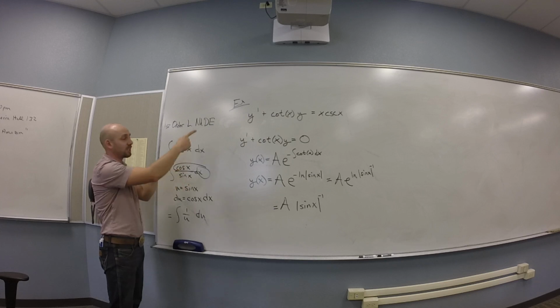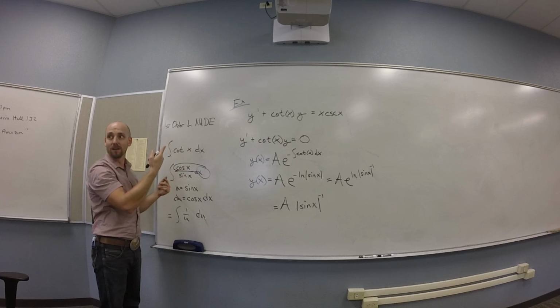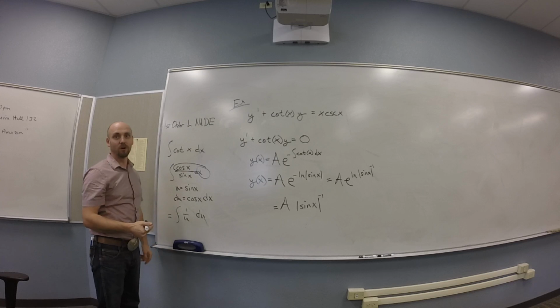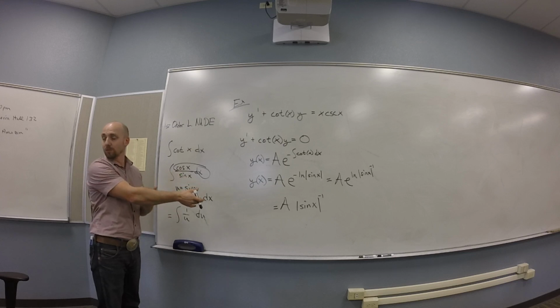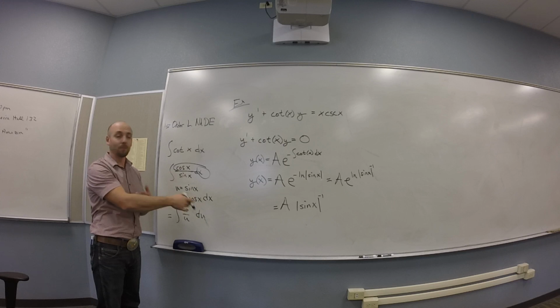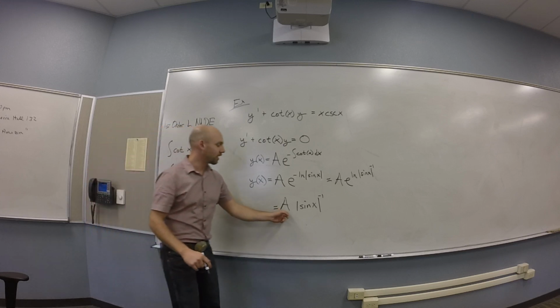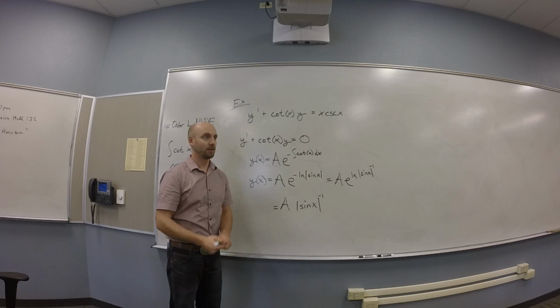So that means the only times this is going to work are when sine's either positive or negative, right? Because it can't cross 0 without discontinuing my coefficient in my equation, right? So I'm just going to assume it's positive for now. The negative would also be a thing you should consider, right? But it's either one or the other, so you can drop the absolute value bars and really include your plus or minus into the A. You guys with me on that?